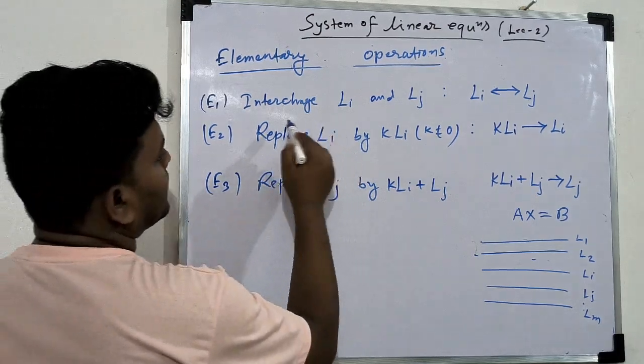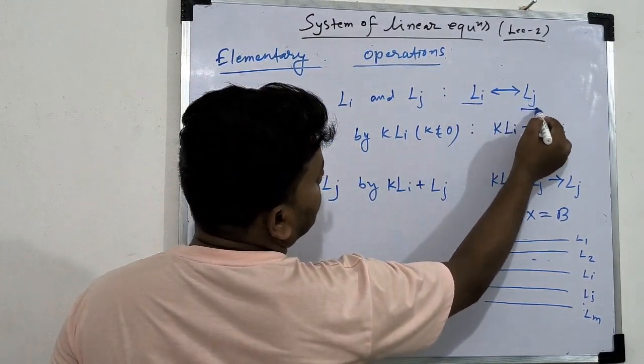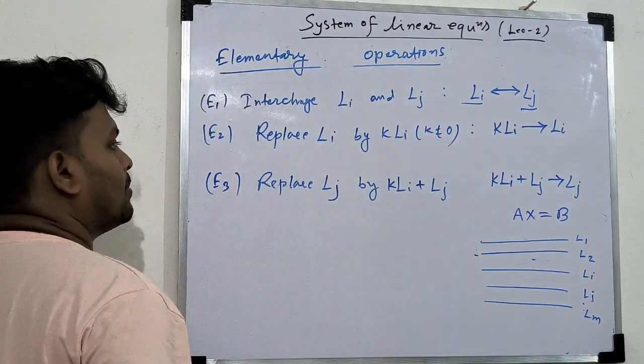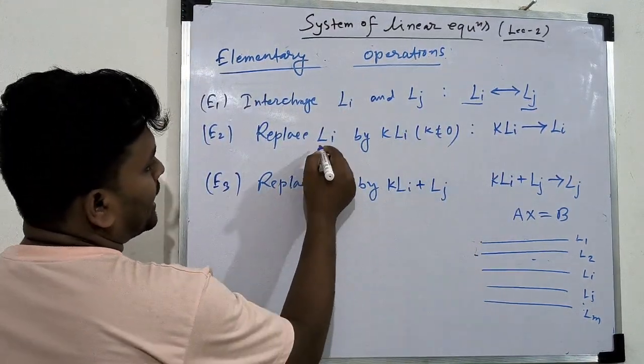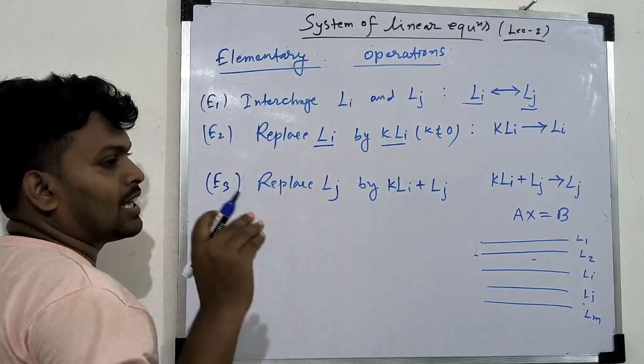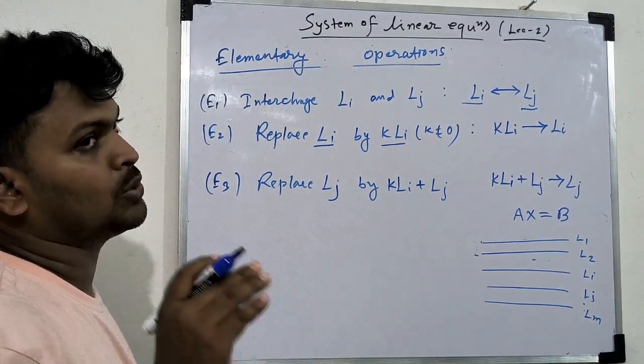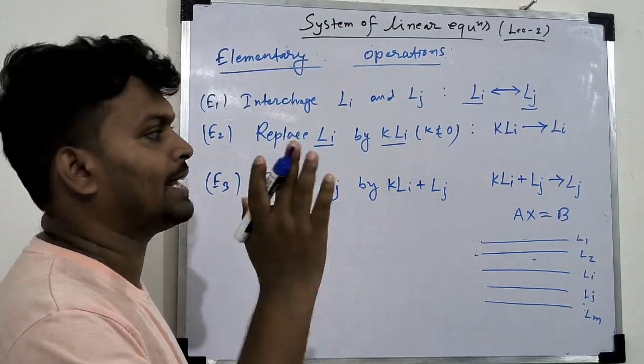First we can interchange Li and Lj, so the Li equation becomes Lj and the Lj equation becomes Li. Also we can replace Li by k into Li, that is, the new equation is k times Li, where we multiply both sides of the equation by k.